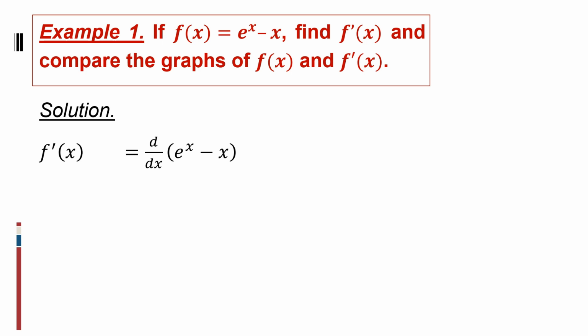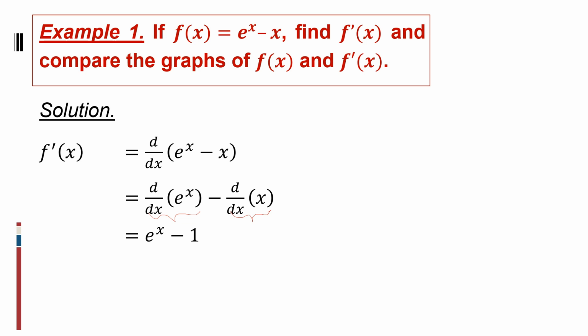But by the difference rule, we can take the derivative of each term. So that is the derivative of e raised to x minus the derivative of x. And we know that the derivative of this is just e raised to x, and the derivative of this is 1 by the power rule.